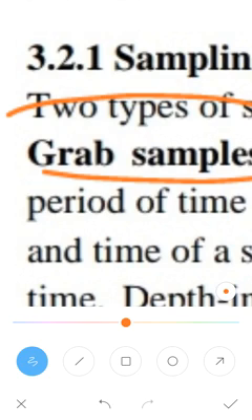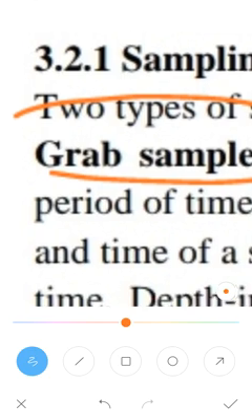Some samples can represent only the composition based on the time and place of collection. However, some sources are not constant in composition over time, with substantial distance in all directions.